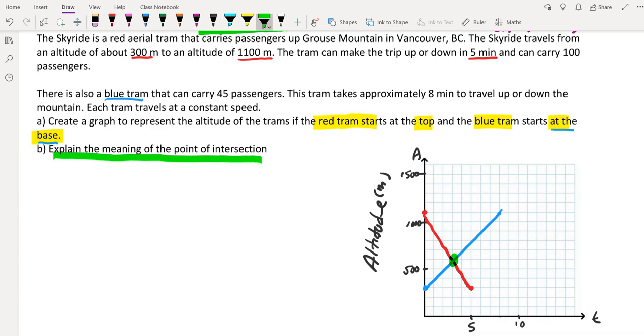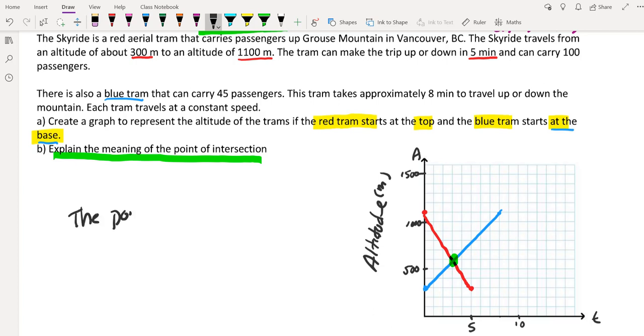So the red tram started at the top and it's working its way down. The blue tram started at the bottom and it's working its way up. So the intersection point is where they cross paths, right? So we can do a quick statement here.